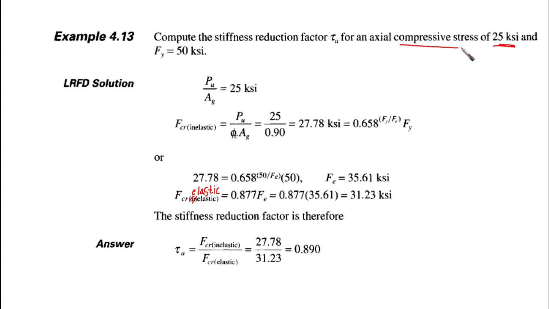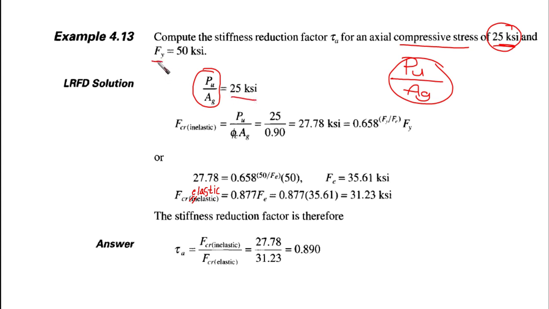So this is the compressive stress given, Pu over Ag. It is given for us, which is 25 ksi, and Fy is 50 ksi. This is given for us also.